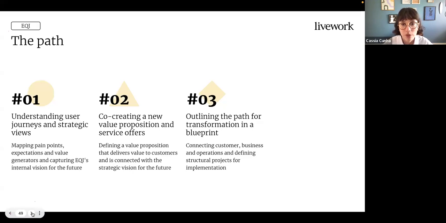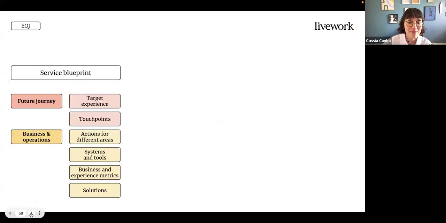So in the blueprint, we were able to connect this future vision with the customer story, what the journey was to be, with the operational story and with the business story. So connecting with what they presented in the previous case. Next. So this is what we had in the blueprint, right? This future journey with the target experience, the new touch points.